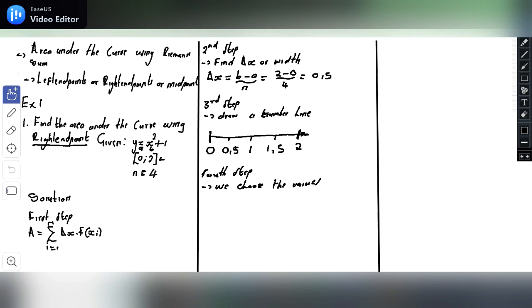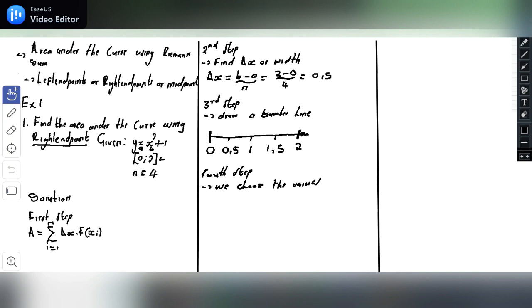So whenever you're told to use the right endpoint, the values you need to choose, you start counting from the right up to 0.5. So you leave the last one, which is 0. And whenever you are asked to find the area under the curve using the left endpoint, we start counting from the left, which is 0, up to 1.5.